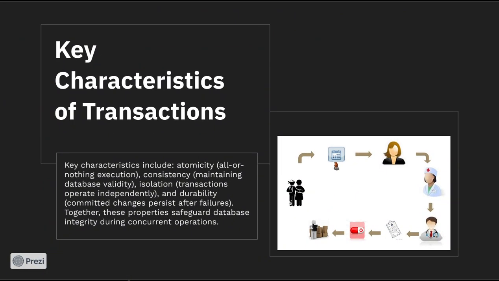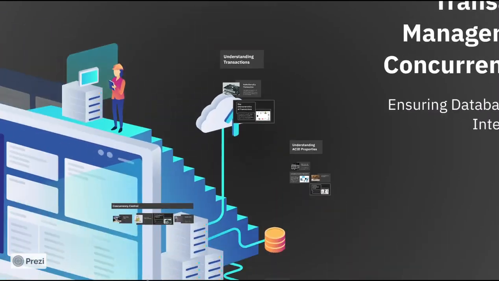Key characteristics of a transaction: Atomicity, all or nothing execution. Consistency, maintaining database validity. Isolation, transactions operate independently. And durability, committed changes persist after failure. Together, these properties safeguard database integrity during concurrent operation.